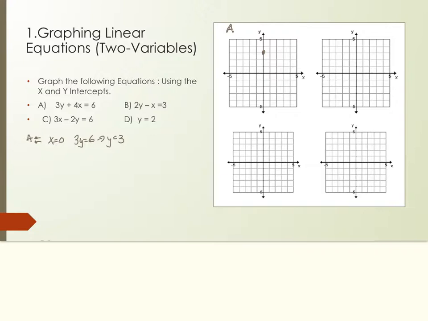And for our x-intercept, we let y equal 0. So when y is equal to 0, we have 4x is equal to 6, or x is equal to 3/2. So if we go over 1 1/2, which is right here, we have our point, and so there is our graph for problem A.